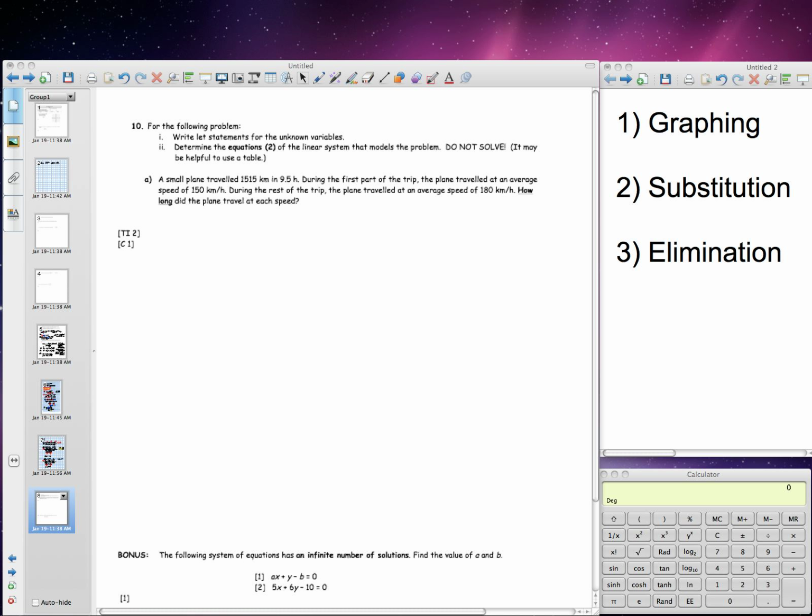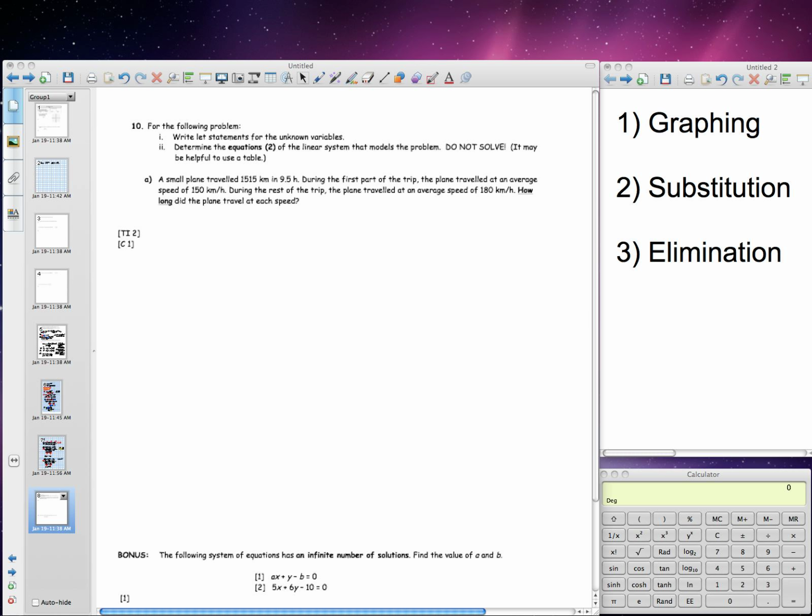During the first part of the trip, the plane traveled at an average speed of 150 kilometers an hour. During the rest of the trip, the plane traveled at an average speed of 180 kilometers an hour. How long did the plane travel at each speed?